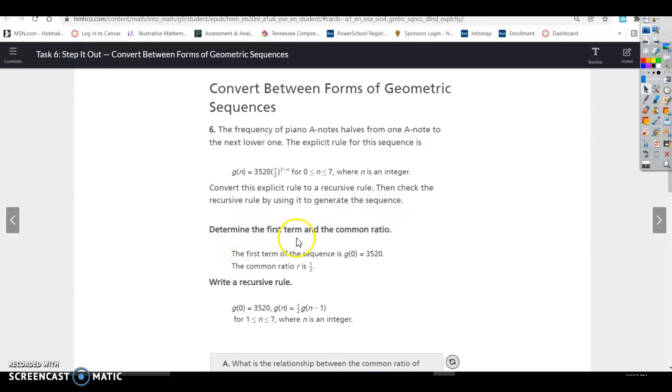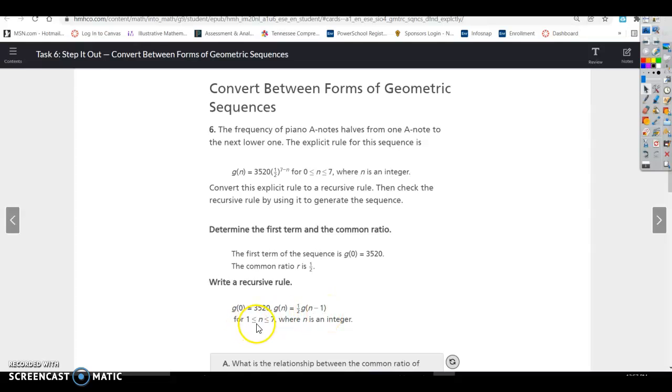Alright, so first determine the first term and the common ratio. So G sub 0 equals 3520, and the common ratio R is 1/2. So that's given right here. Alright, to write a recursive rule, we're going to say G of 0 equals 3520, so G of n equals 1/2 times G of n minus 1.